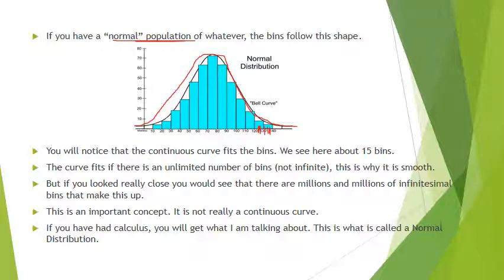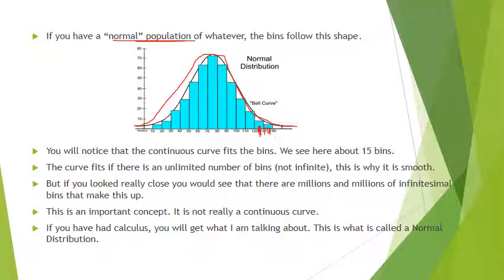They're small, but they all still have a width, and that width is just something we can't measure. And when you add up all their widths, they give this shape, and that's why you have the smooth curve.